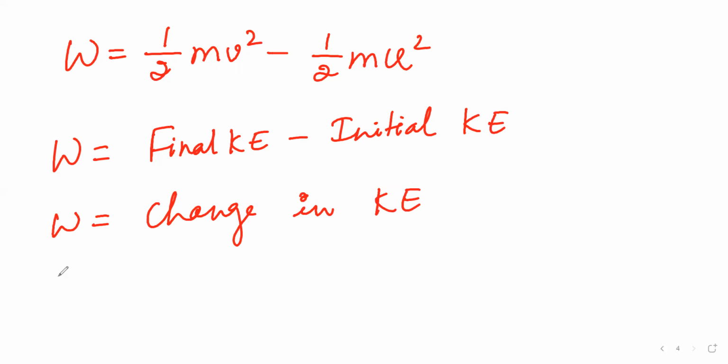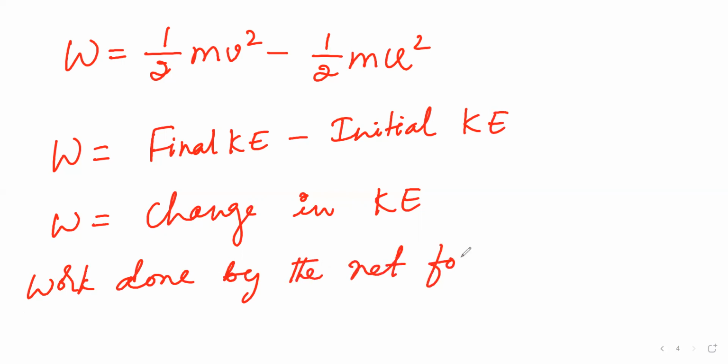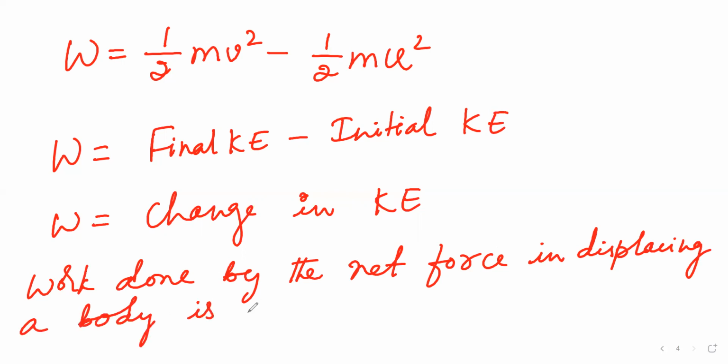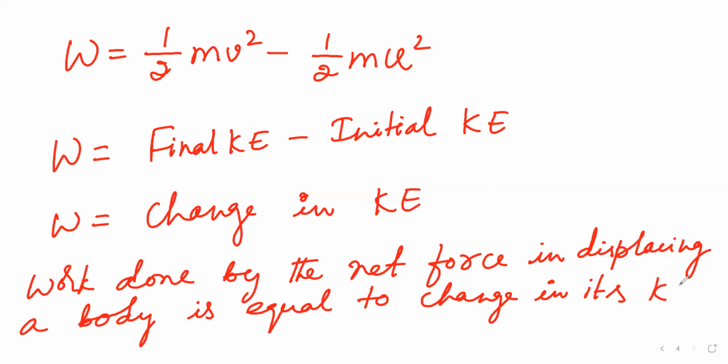Then the work energy theorem can be stated as: work done by the net force, meaning total force, in displacing a body is equal to the change in its kinetic energy.